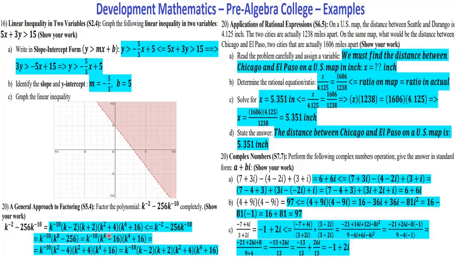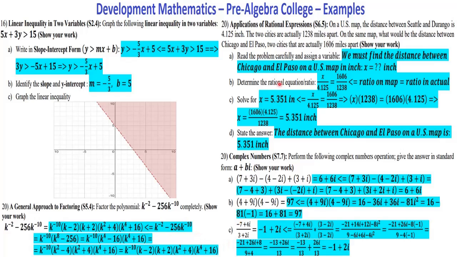Then this can be factored k squared minus 4, k squared plus 4. Then this can be factored as k minus 2, k plus 2. Then you will end up with k to the minus 10 times k minus 2, k plus 2, k squared plus 4, k to the 4 plus 16.